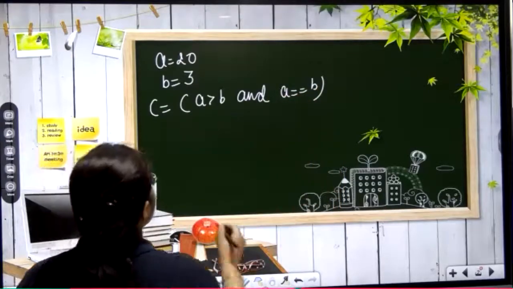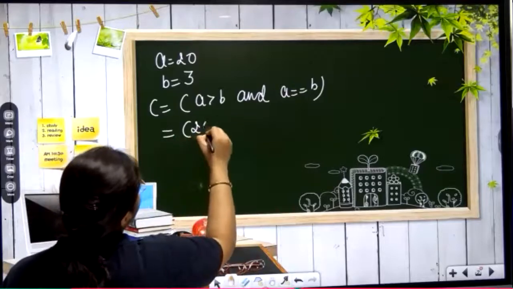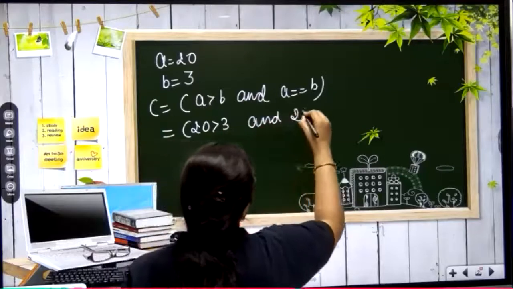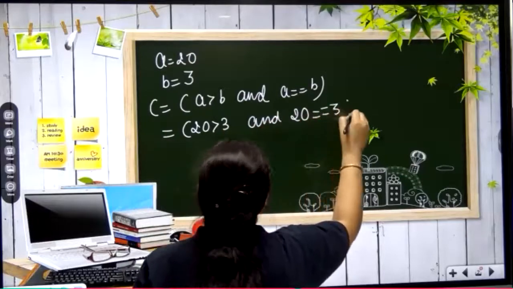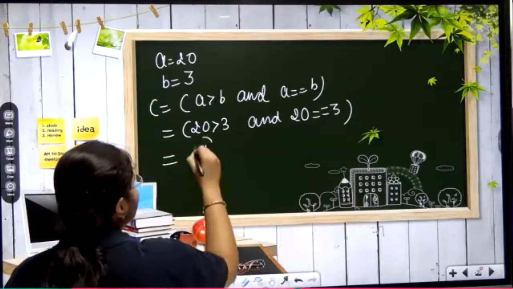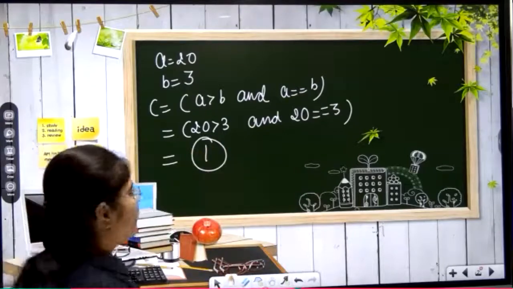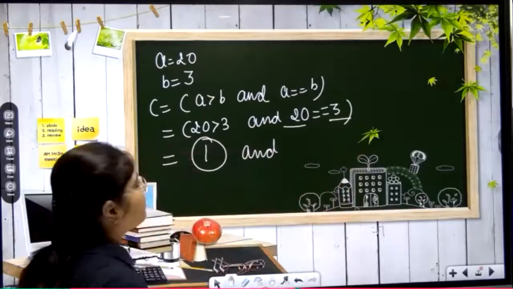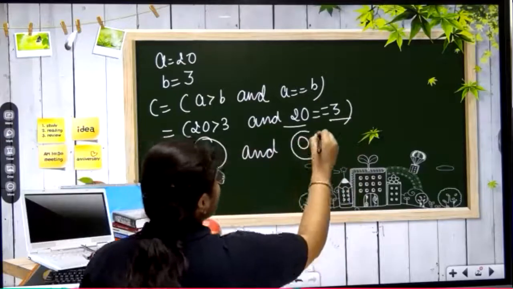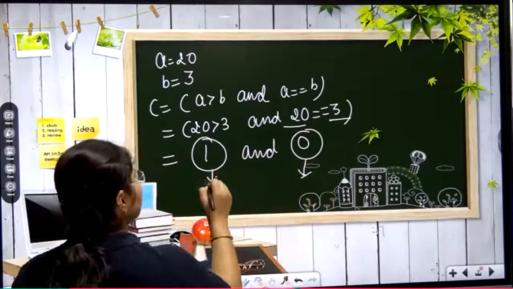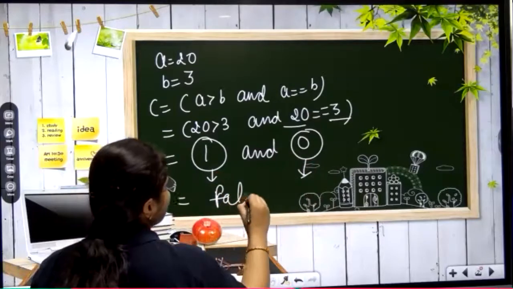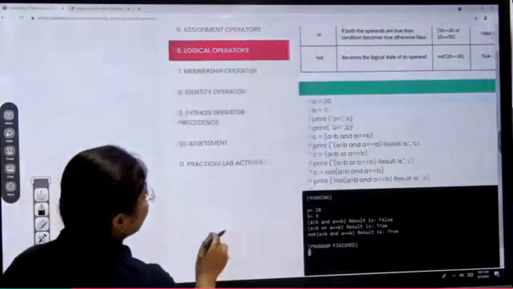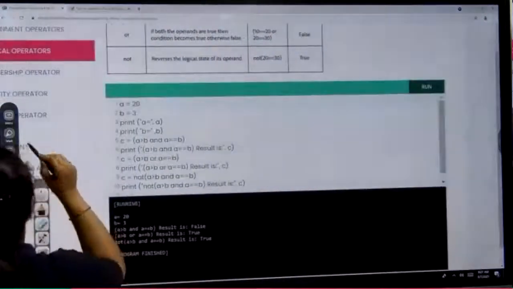So as you can see, if I put the values, 20 greater than 3 and 20 equal to 3. So here this one is true: 20 is greater than 3, and 20 is not equal to 3, so this will be false. So if any of the outputs is 0, the result will be false only. So that's why in this program we are getting false in the first output. This one.